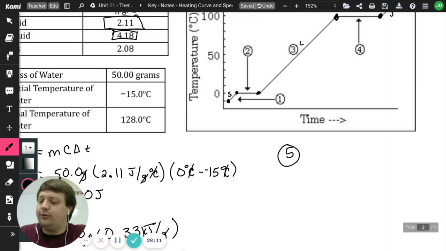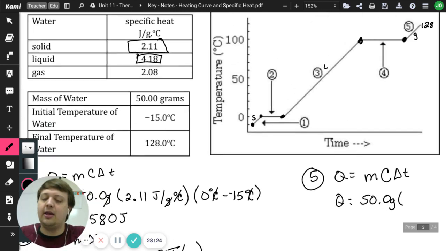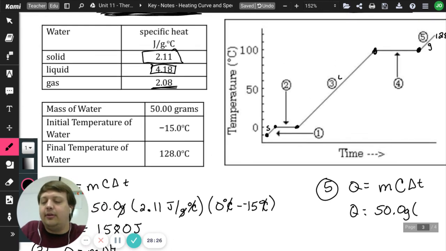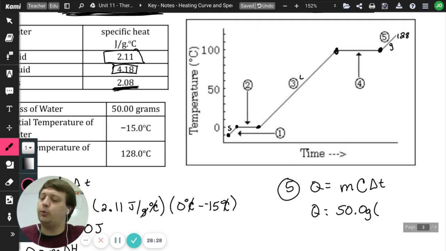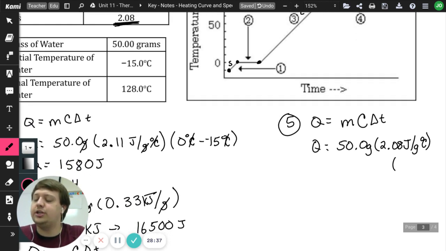Now, step 5, I do have a change in temperature again, so Q equals mc delta T. So then my Q equals 50 times my specific heat of a gas for water, which is 2.08 joules per gram degree Celsius, times my change in temperature.